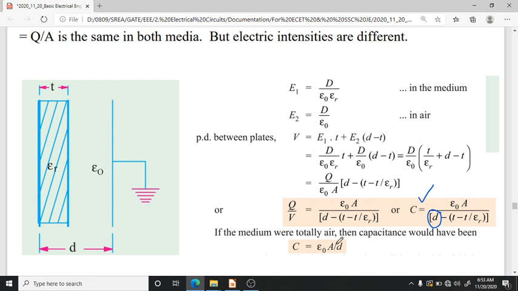Okay, and finally, if the medium were totally air, then T becomes 0. So the expression becomes D minus 0, which is D. Then the formula is just permittivity times A divided by D. If completely air is there between these two plates, you keep T equal to 0 in this equation.